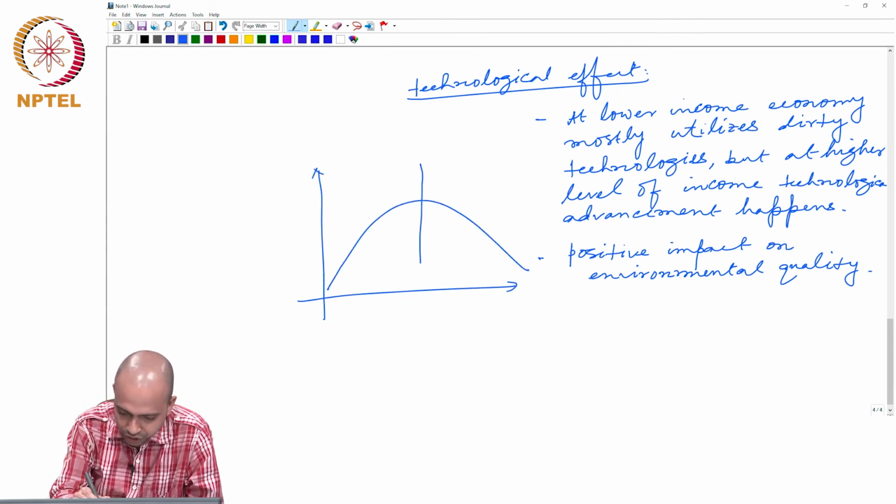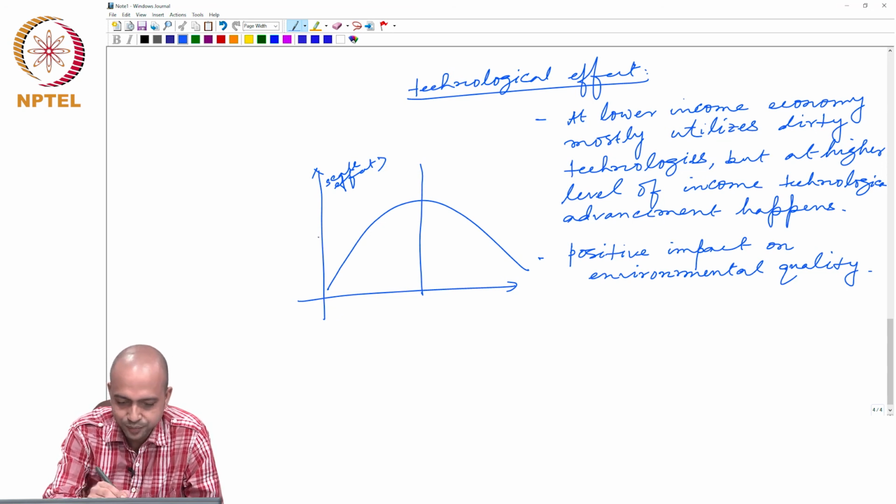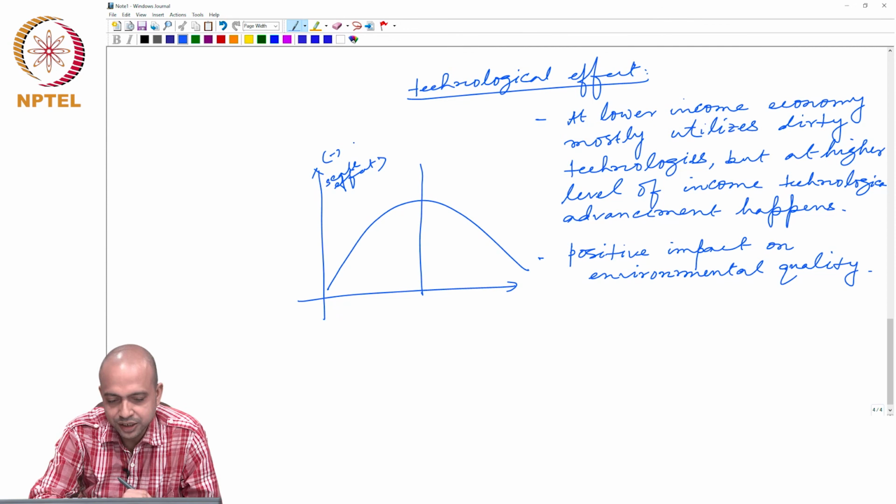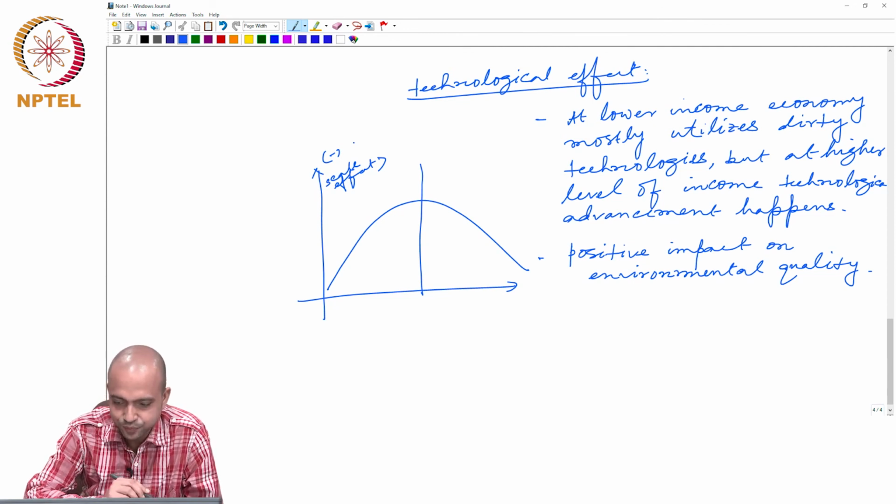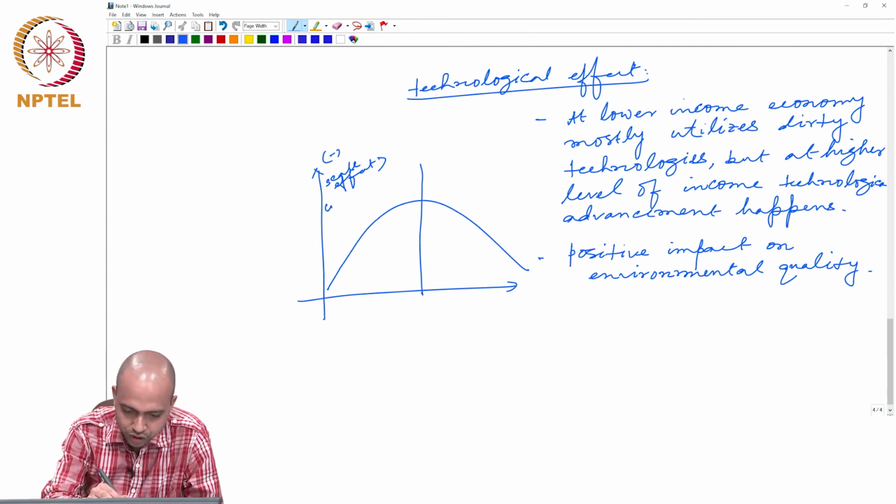Let us say up to this, the negative scale effect is greater than composition plus technological effect.